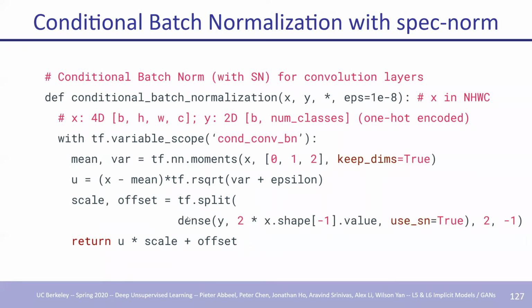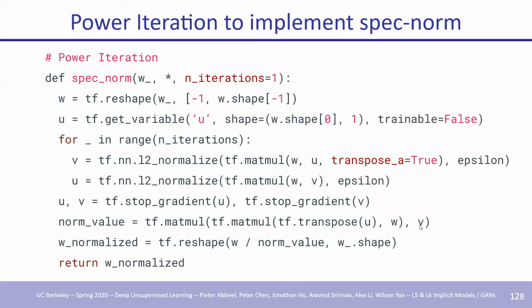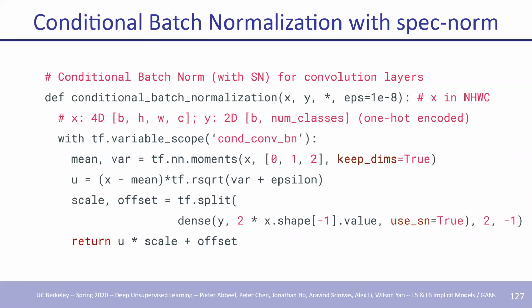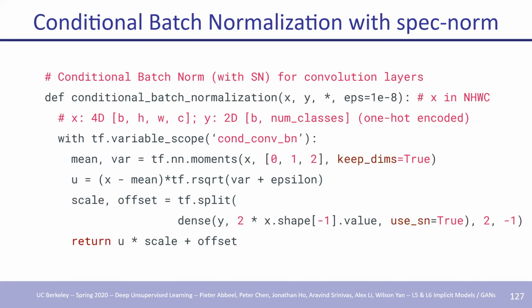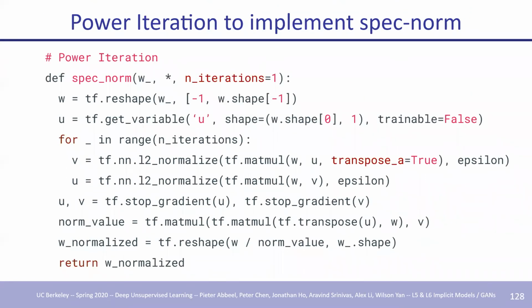So the dense layer has a field to use spectral norm or not. Okay, I think I missed something here.